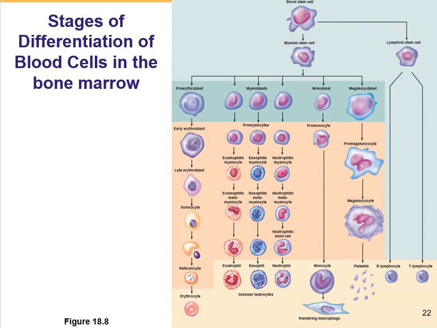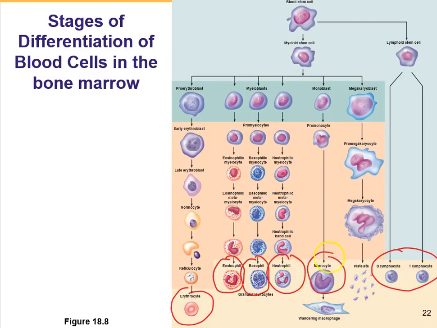As you can see, the lymphoid stem cell can only give rise to lymphocytes, so finally T cell and B cell, and the myeloid stem cell is going to give rise to erythrocyte, the granular leukocytes like eosinophil, basophil, neutrophil, and also monocytes and platelets. And we learned before that monocytes can leave the blood, enter the tissue, and then transform into macrophages.